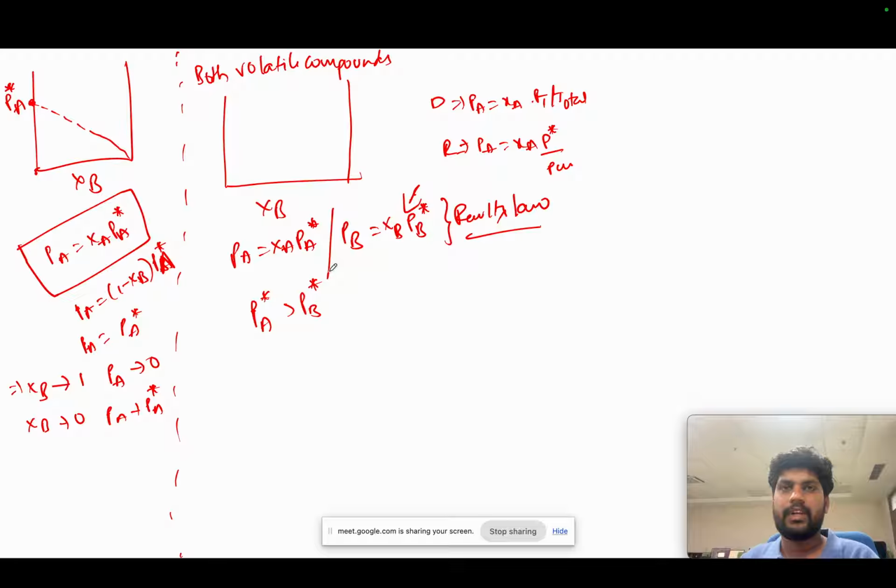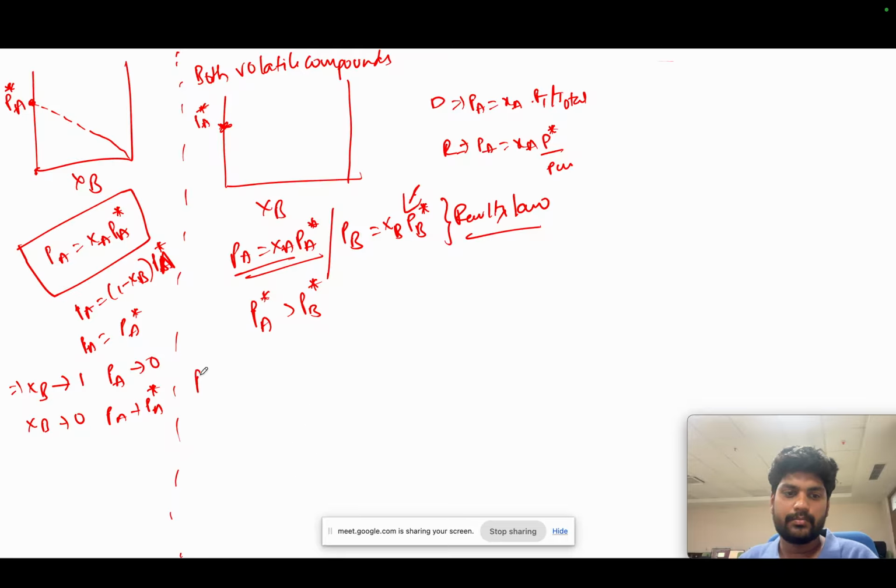And say that this is the condition. If I take two components where the pure vapor pressure of A is higher than the pure vapor pressure of B, so it means at xb equal to 0 we have only Pa, so it will be pure Pa, so it will be around here, Pa star.